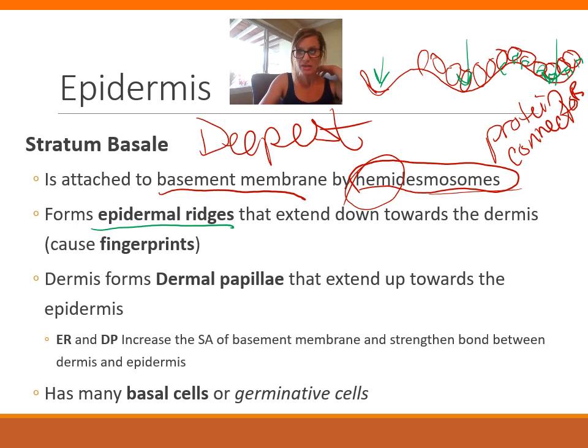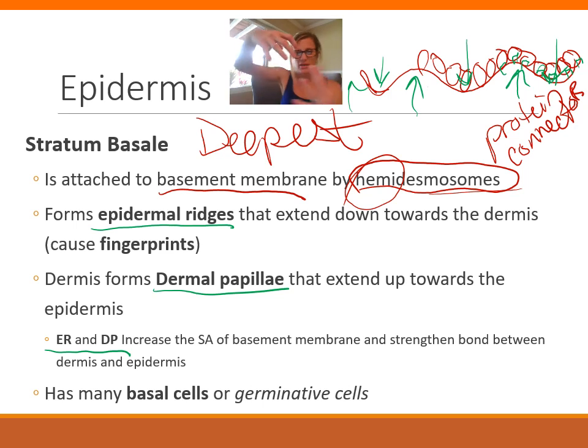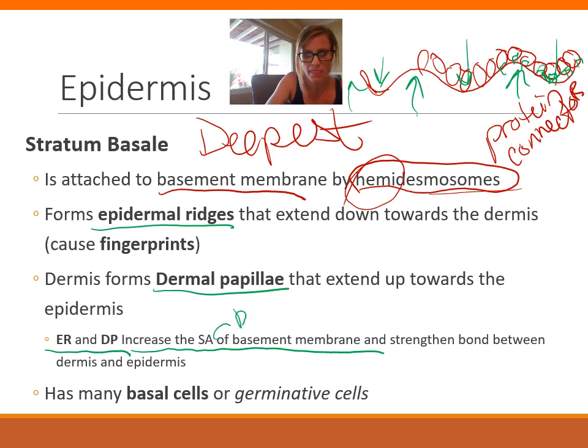Now, the dermis underneath forms dermal papillae that extend up like this in between the epidermal ridges. So the epidermal ridges and the dermal papillae interlink with each other like this. And that curvy line increases the surface area of the basement membrane, so it increases the surface area between the epidermis and the dermis.